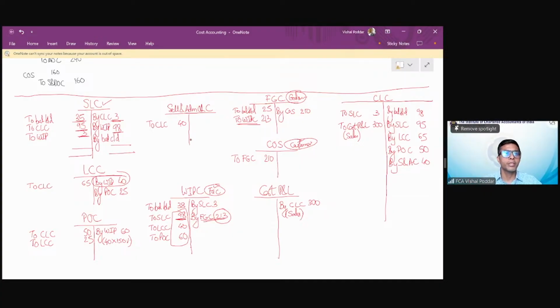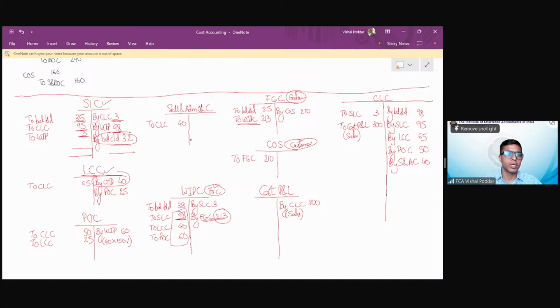Now this closing balance would be posted here, representing the closing balance, right? So how much is it? It is coming as 32, if I'm not wrong. So my closing balance for my material account is 32. So this will be carried forward to the next year or next month.